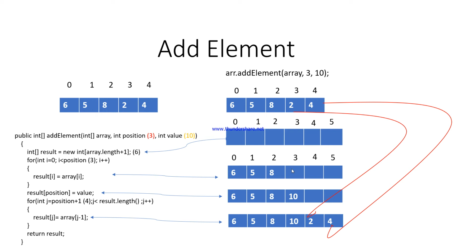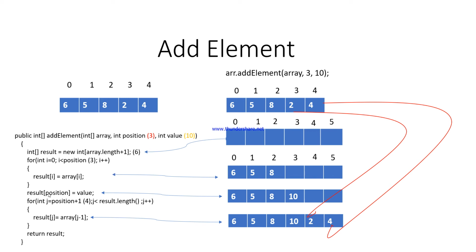Again, I declared another for loop because I want to take the 2 and 4, that is the 3rd and 4th positions, and move them to the result array. So I'm doing int j equal to position plus 1. The position is 3, and plus 1 will be 4. So I'm taking j as 4, because we need to fill it from the 4th position.